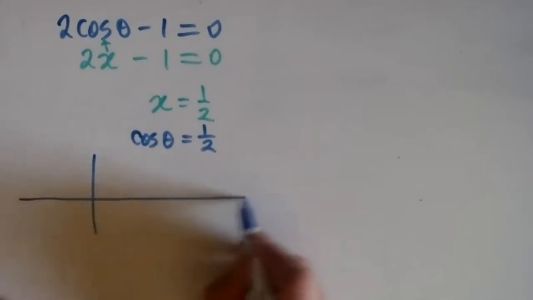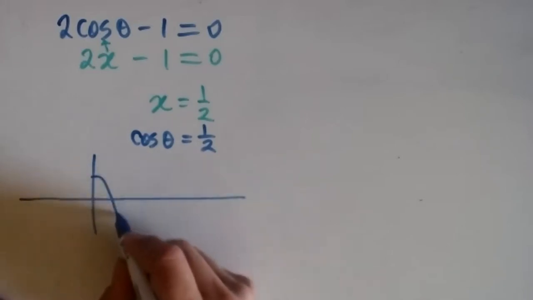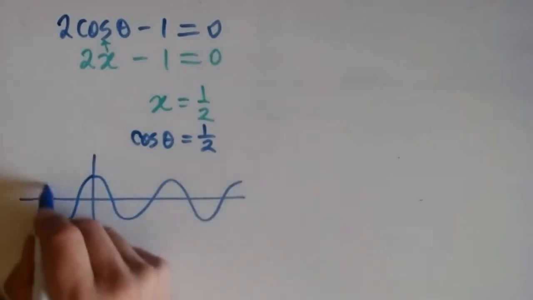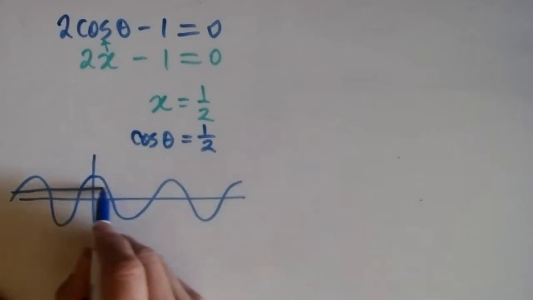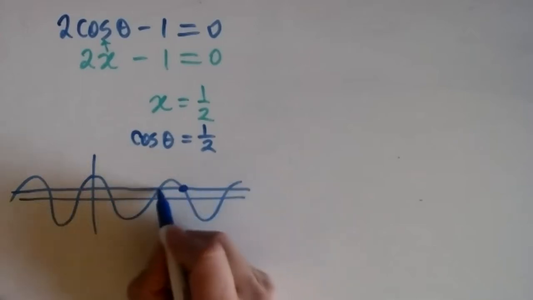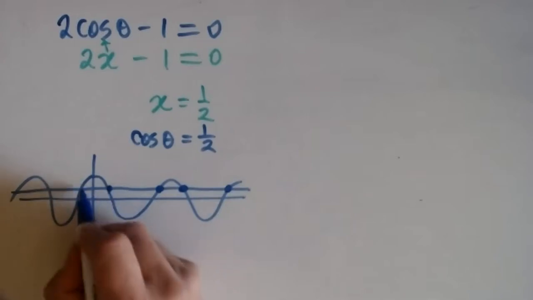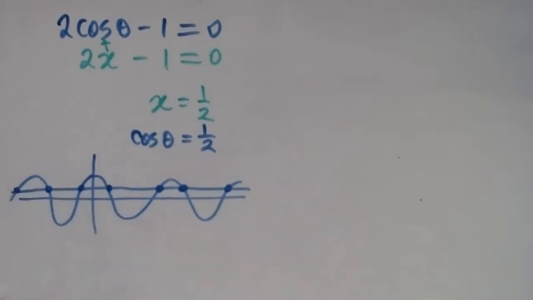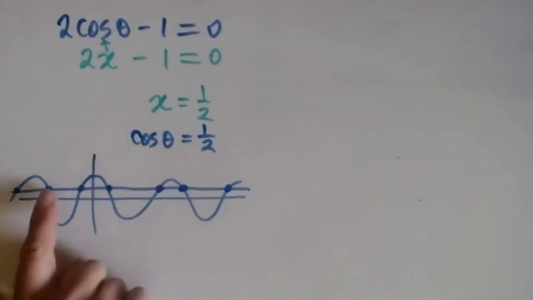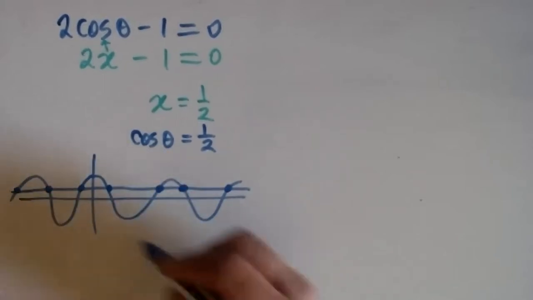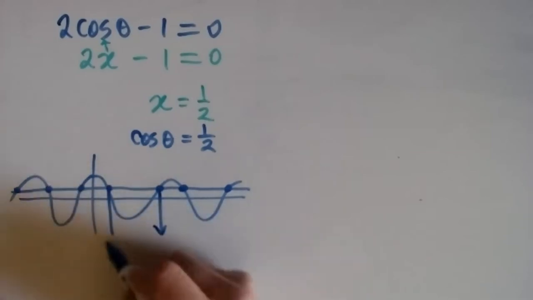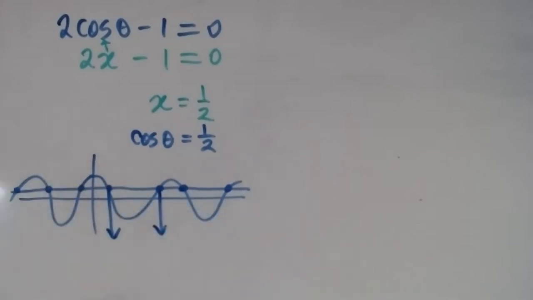So the cosine is something like this, and something like this in this direction, and the 1/2 is right here. So it crosses many, many times, correct? So you have many solutions. Cosine of the angle equals 1/2 happens for many angles. So I'm going to find this and this, these two.